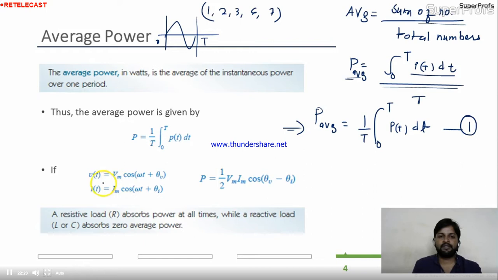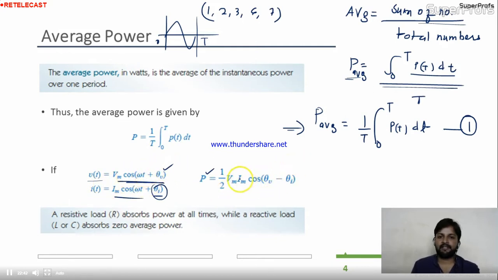Now friends, if you take v(t) as Vm cos(omega t plus theta v), theta v is the phase angle. Take current i(t) as Im cos(omega t plus theta i), where theta i corresponds to the current. When you find the P, you have to multiply these two things.